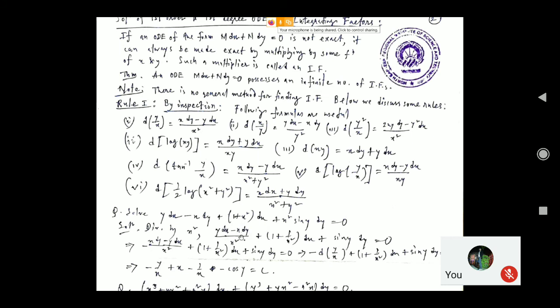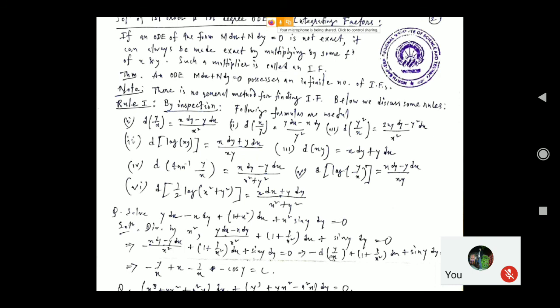X and y both are mixed up, but we can convert it into an exact form by using this formula. If we take the minus common, it becomes (x dy minus y dx) divided by x square, so its equivalent form is d(y/x). By taking minus common here, we get minus d(y/x) plus this plus this.